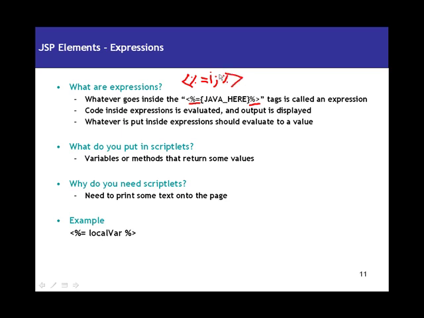This is not allowed. So this semicolon is not really required here. I can simply say I and close that JSP expression tag. Okay, and it's going to work perfectly fine. So the code inside JSP expressions is evaluated and the output is displayed. Okay. Whatever is put inside the JSP expression should evaluate to a value, right?